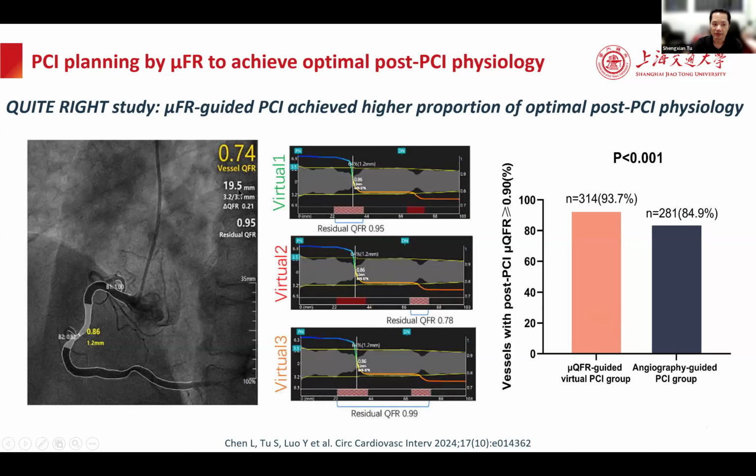And using the QFR as a guiding tool, the study showed that in 93% of the patients you will have optimal post-PCI physiology, which is significantly higher than the angio-guided arm.